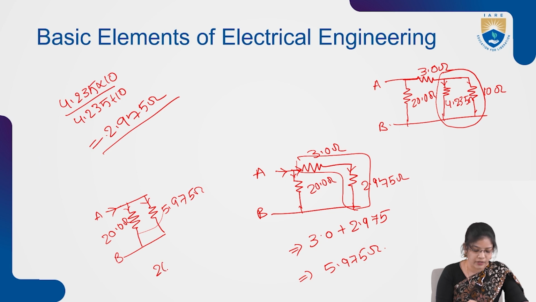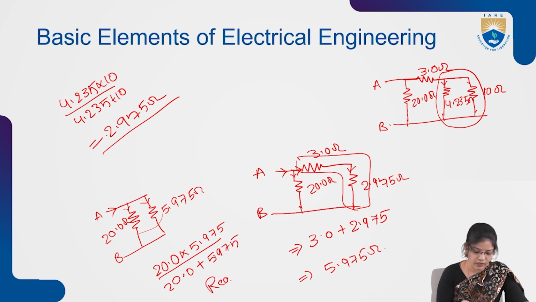Here I am taking the direct values: 20.0 into 5.975 by 20.0 plus 5.975.